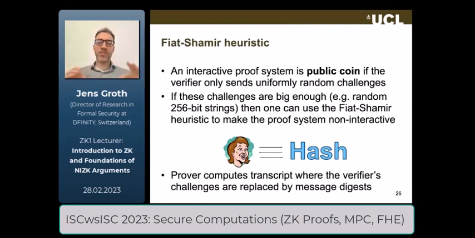The way that works is that you use a hash function to compute the challenges, right? So imagine you have an instance, the prover has sent some messages. You just hash all of that, and you use the hash value as the verifier's challenge, right? And now there's no verifier anymore, right? Because you can compute all the challenges using a hash function.